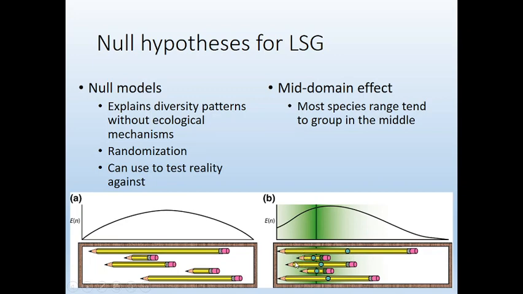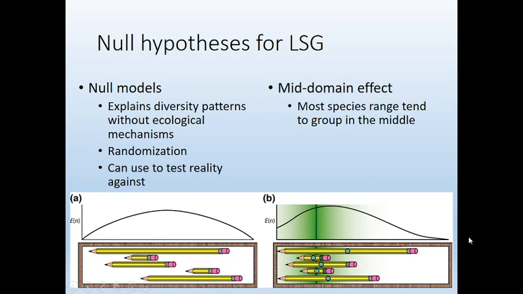Well, as long as you shook them up and randomized them, you will have most of the species overlapping somewhere in the middle, especially if these pencils are very long. Because if they're all relatively long, the only way they're not going to be touching each other is at the edges of the box, which in this case is the poles.